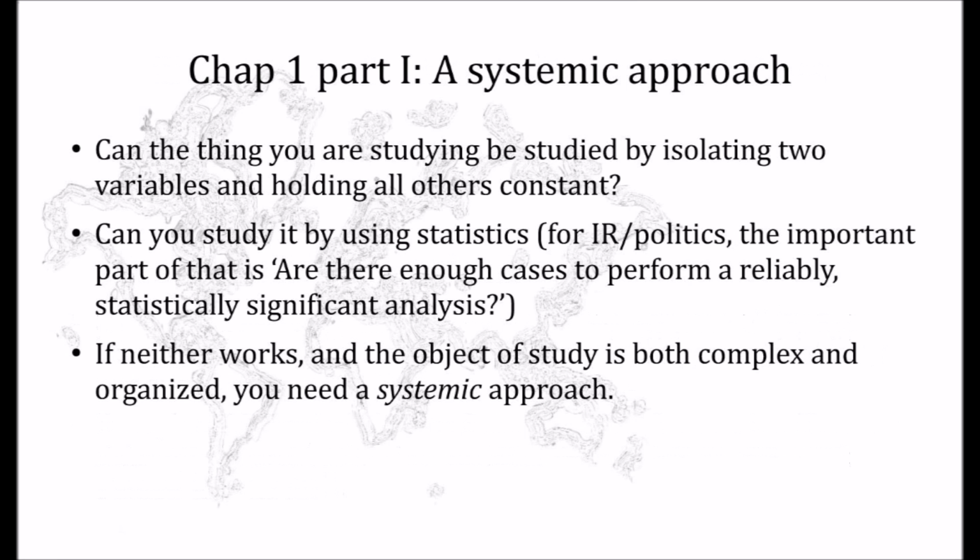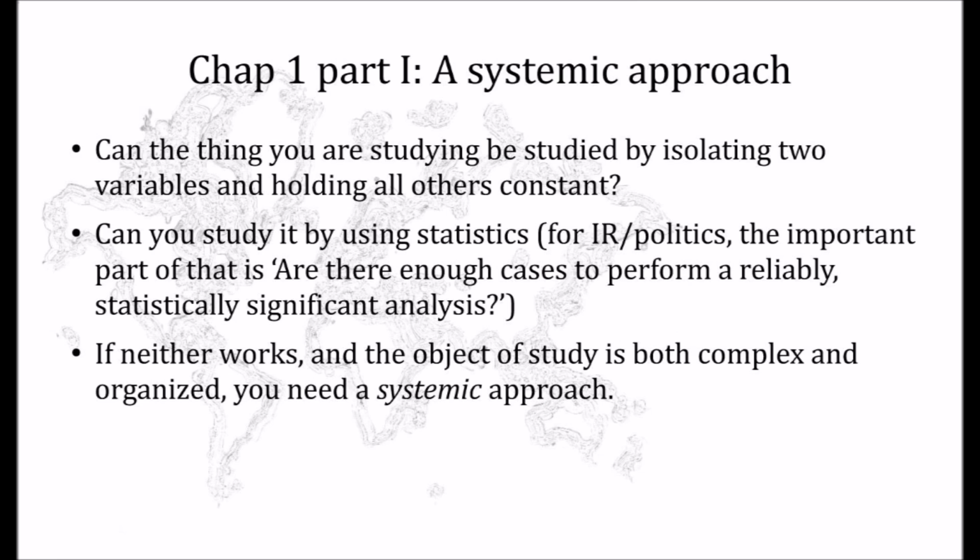Okay? Waltz also notes briefly when a systemic approach is needed, and he lays out a couple of questions. Can the thing you're studying be studied by isolating 2 variables and holding all the others constant? So you can get an x and a y variable. You can usually have that in a laboratory type situation, so that's very helpful. In international politics, obviously, it's really difficult to do that. We can't run laboratory experiments. Can you study it using statistics?